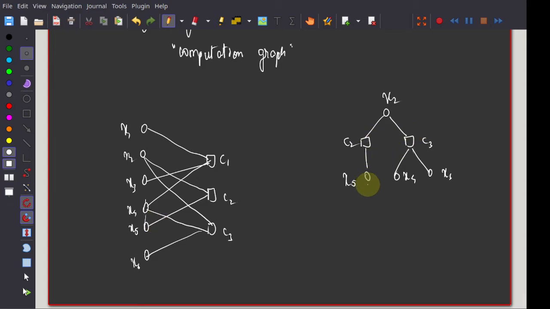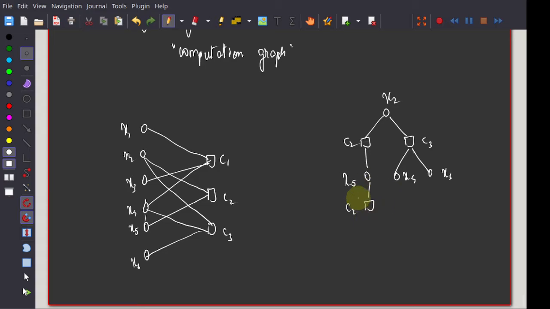But now if I run it for 2 iterations, what does this computation graph look like? Now x5, where does x5 get its messages from? x5 gets its messages from C2. So I'll draw another copy of this, right?